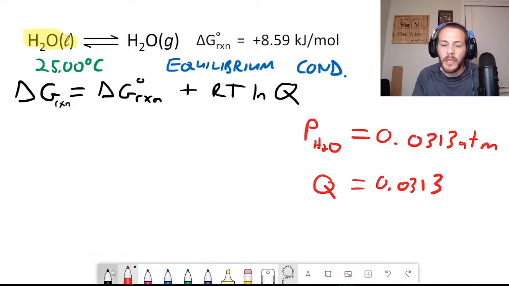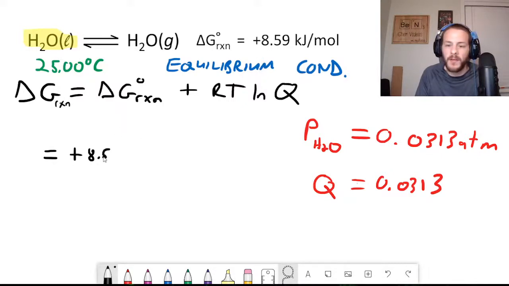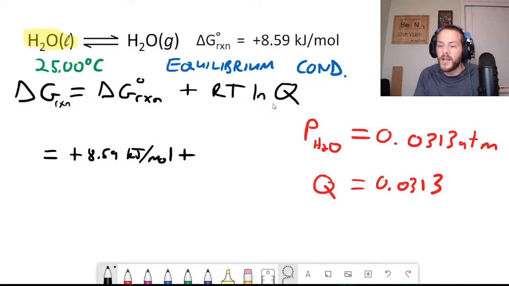If we plug that into our expression for this formula, we get that the delta G for this reaction is equal to the standard delta G, so that's positive 8.59 kilojoules per mole, plus the product of the gas constant, the temperature, and the natural logarithm of this reaction quotient.